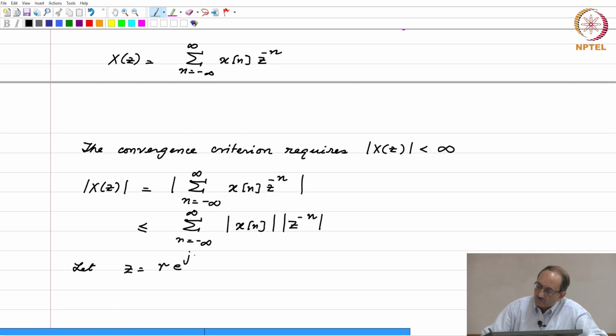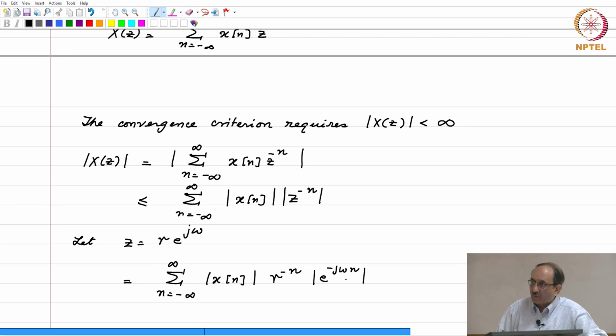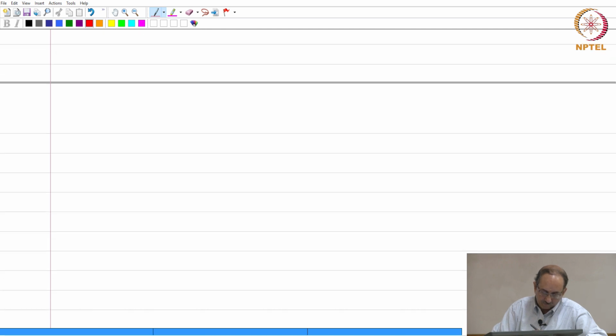We will now let z equal r e to the j omega, and hence this summation becomes r to the minus n, r being a non-negative quantity, then e to the minus j omega n. All I have done is I have replaced z by r e to the j omega, and this of course has magnitude 1 and does not play any further role.